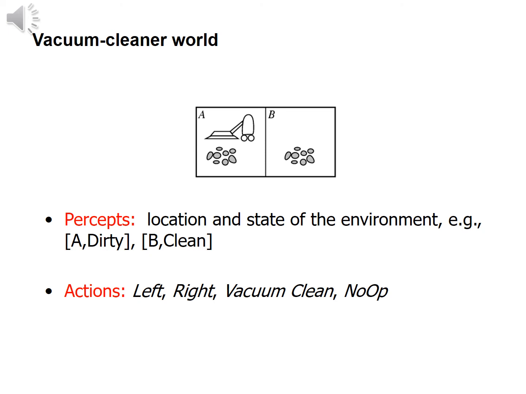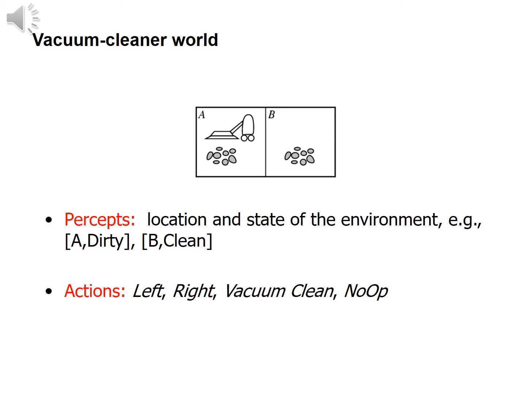For example, the robot is in room A and room A is dirty, or the robot is in room B and room B is clean, or any combination of these: A clean, A dirty, B clean, B dirty. The robot has at its disposal four different actions.